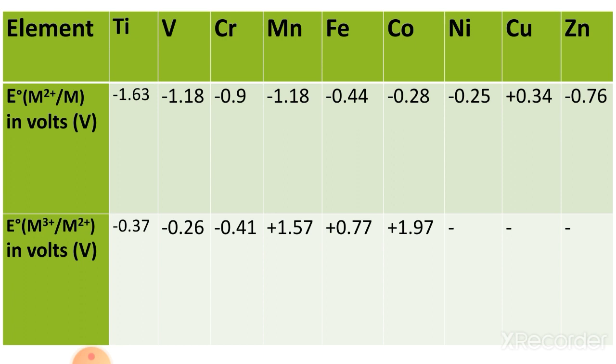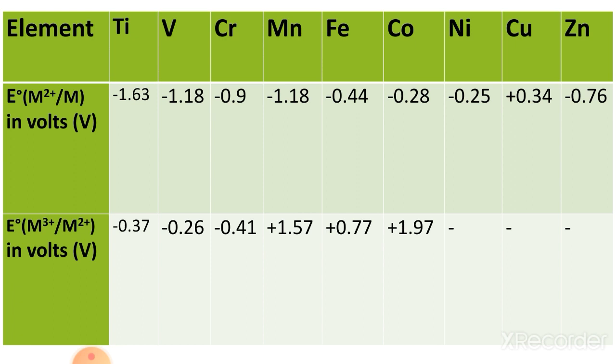Now students, some more points noted down: the E naught value for the couple Cr3+/Cr2+, look at the table, is minus 0.41 volt, and for Mn3+/Mn2+, it is plus 1.57 volt.